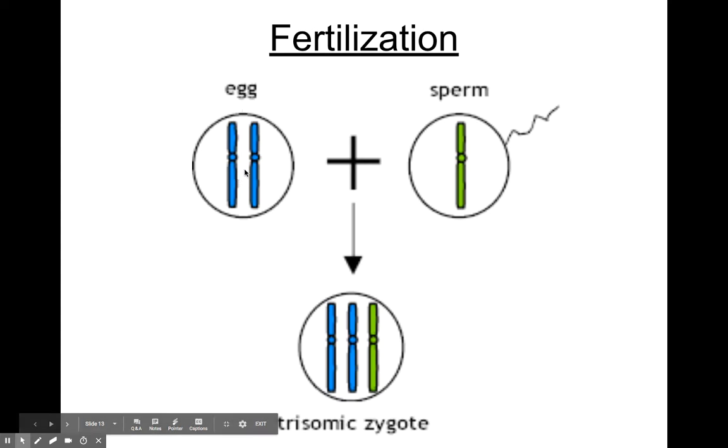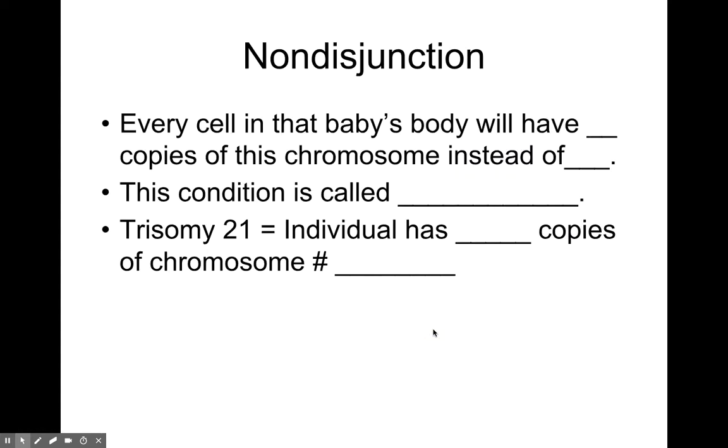So again, here's the fertilization. We have the egg with 2 copies of the chromosome. We have the sperm, which has its own copy of the same chromosome. They team up to fertilize an egg, and all of a sudden you have a trisomic zygote. So you have an egg that's fertilized with 3 copies of the same chromosome. With non-disjunction, every cell in that baby's body will have 3 copies of this chromosome instead of 2.